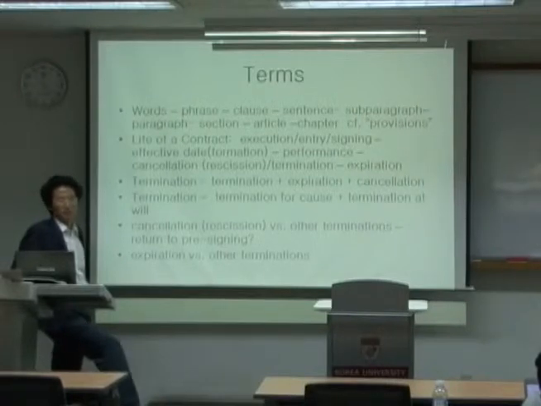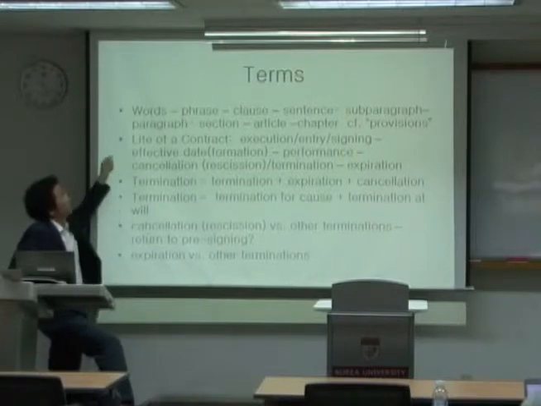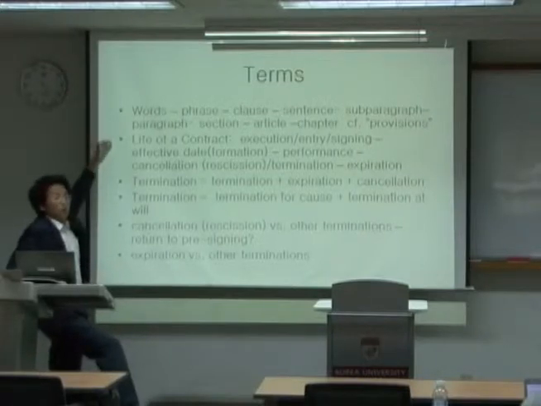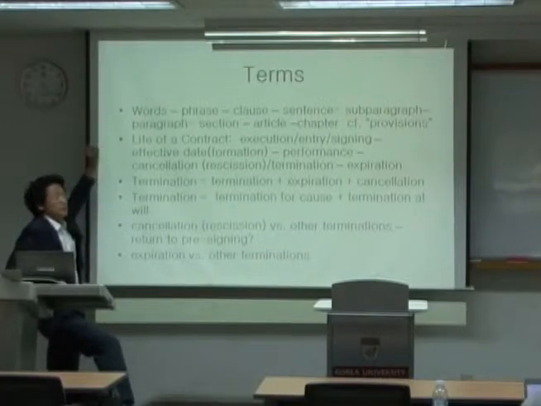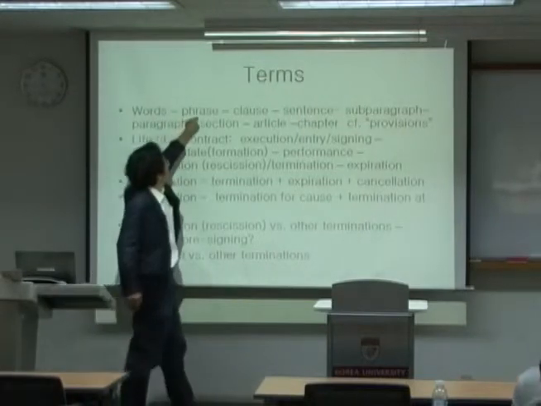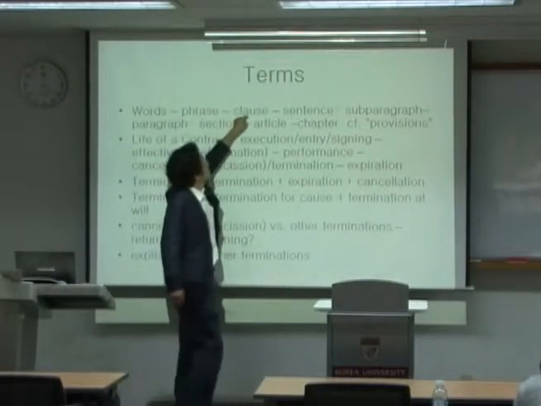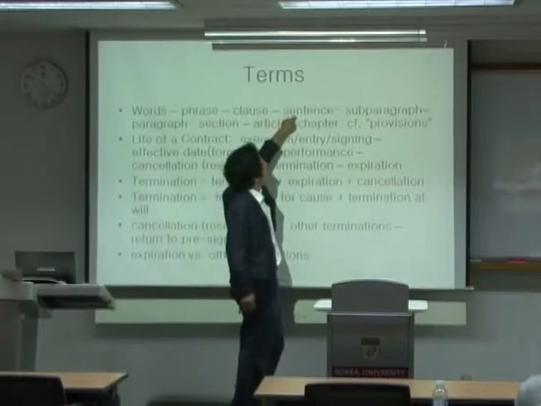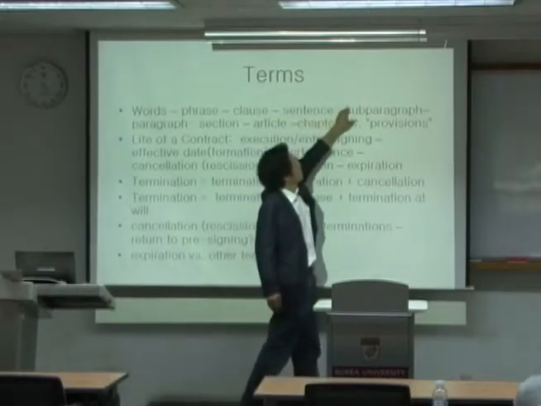Articles. Chapter. So you can see it is in the order of larger units of a text, right? Words are the smallest unit. Words add up to become phrases, which add up to become clauses, which add up to become sentences, and sentences add up to become subparagraphs.